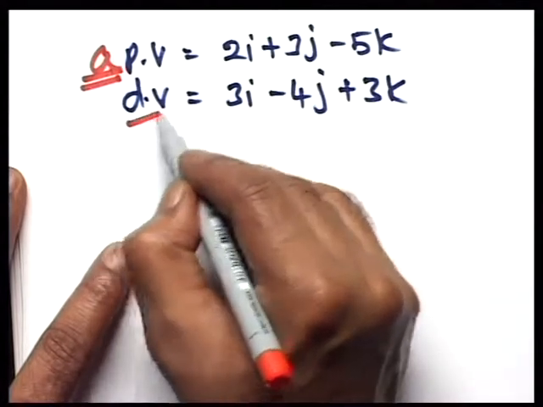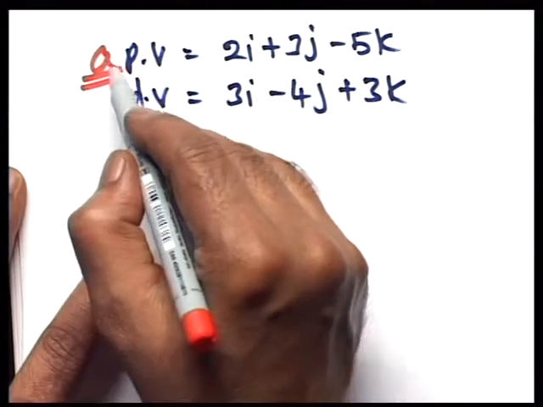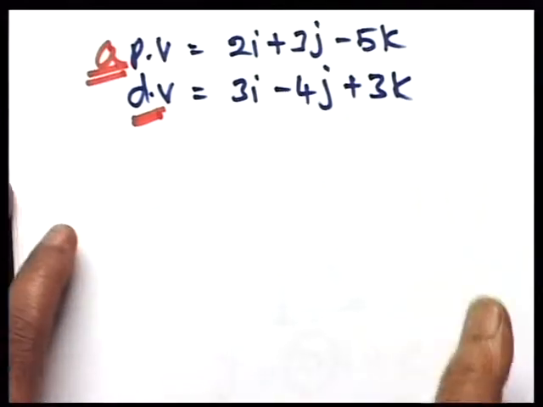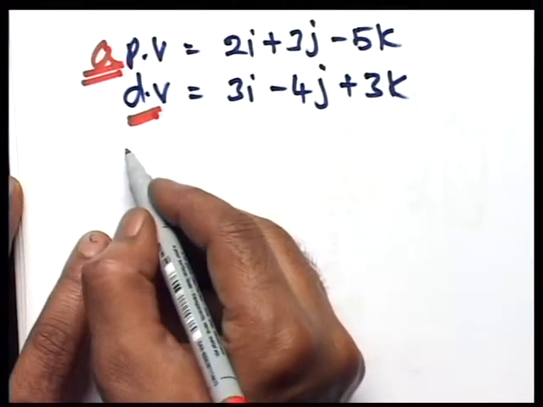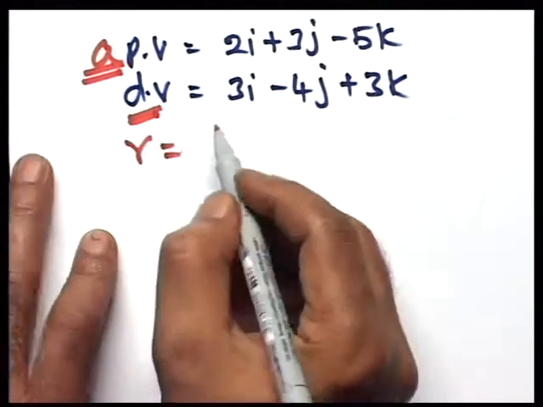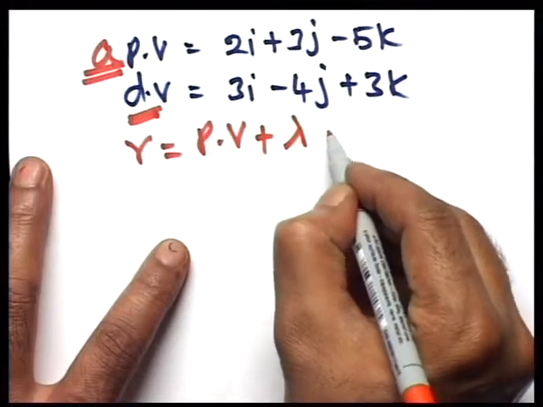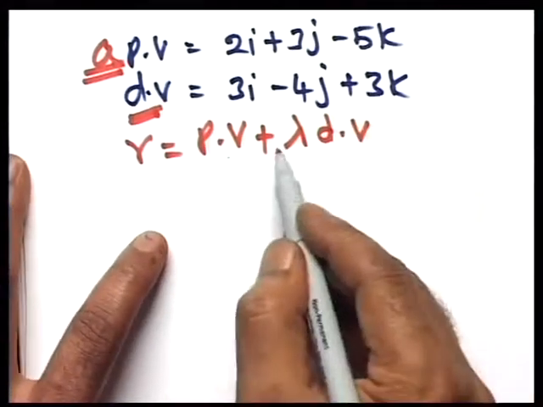Guys, direction vector means that straight line is parallel to this line. That's what it means, right? So I would like to say R equals position vector plus lambda times direction vector. So A plus lambda B.